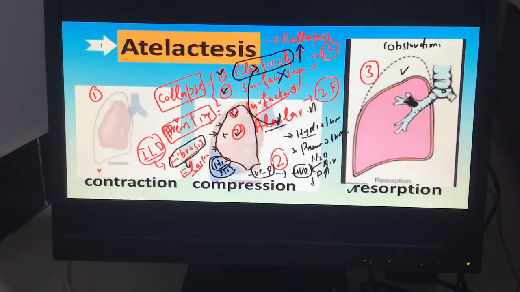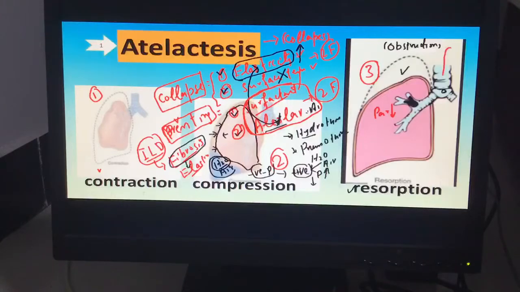Surfactant and alveolar air try to prevent the collapse, and they always work against the other two forces, elasticity and surface tension, which try to collapse the alveoli. So what happens in the obstruction case? The alveolar air pressure is decreasing. Why does this happen?